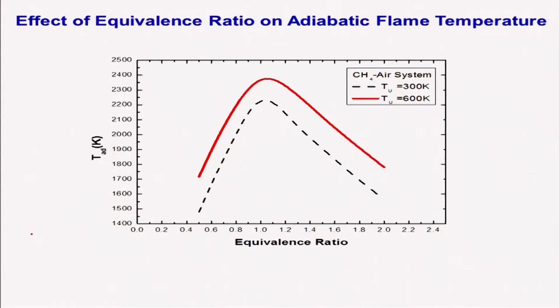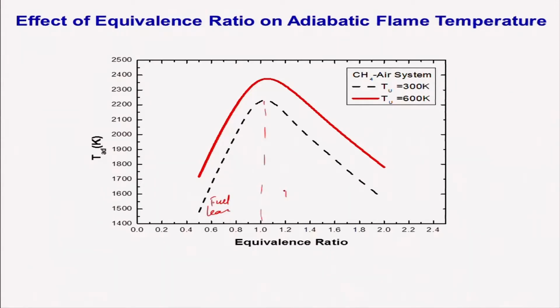If you look at that, it will be having a peak temperature here at equivalence ratio 1, something like 2250, and on the lean side, this is your fuel lean side, right, it drops down, and of course on the rich side it drops down at a lower slope.